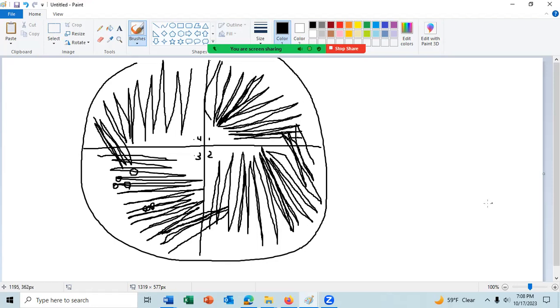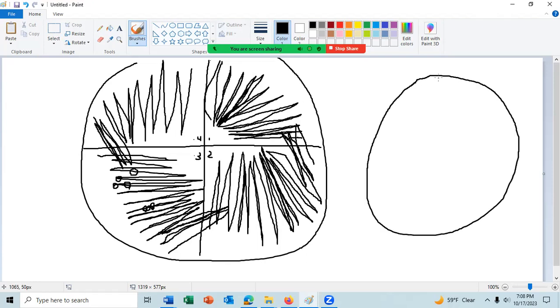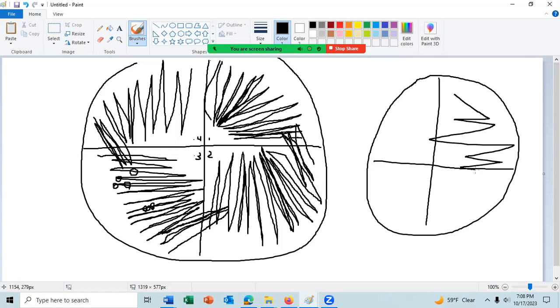Okay. And then once you have an isolated colony, you take the cells from that colony and streak it out on another plate to get isolated colonies. Oops, that obviously went over. I'm not going to draw this, but you're getting the idea.